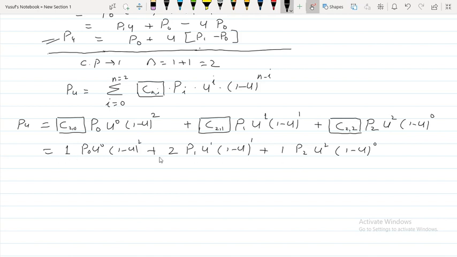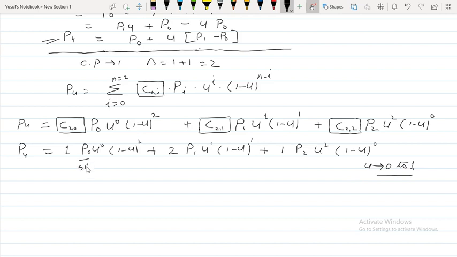So this is the equation. By using this equation, we can calculate the point. In that equation, U is a parameter which is changing from 0 to 1, and P0, P1 and P2 are the points.